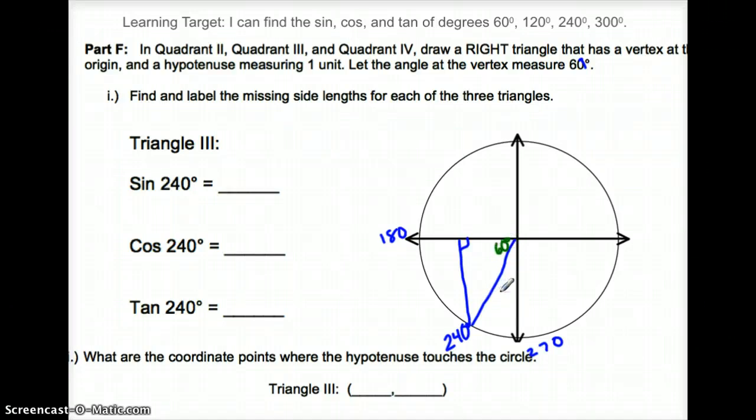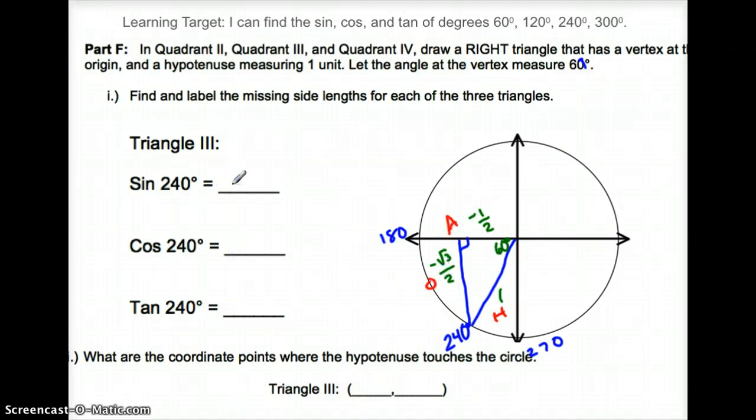And so my hypotenuse is still positive 1. Okay, the hypotenuse will be 1 all the way around, no matter what quadrant we're in. We knew that this side was negative a half from the previous triangle. And now this time, radical 3 over 2 is going to be negative, because in a normal coordinate plane, that would represent the negative axis being down. So now just OAH, let's see, that would be my hypotenuse, adjacent on the axis, and then opposite.